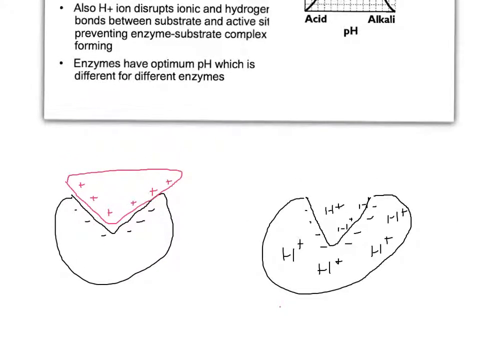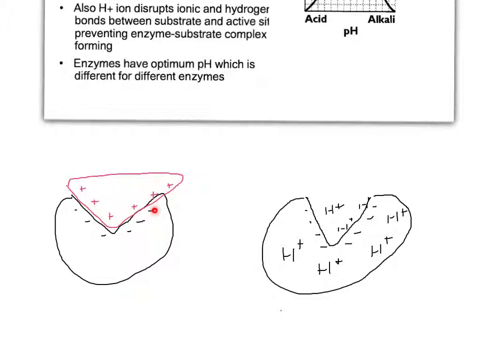To illustrate that, here I have a typical enzyme fitting into its active site. Sorry, this molecule here is the enzyme, and this is the substrate molecule. At the optimum pH, our enzyme fits nicely into its active site, and in this case I've got ionic bonds which are holding the substrate to the active site.